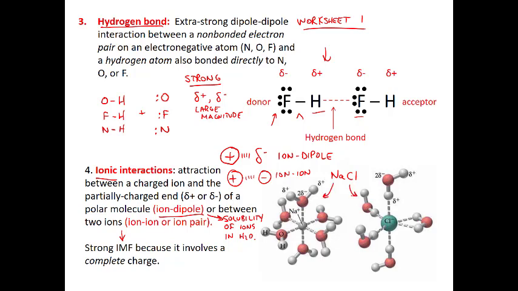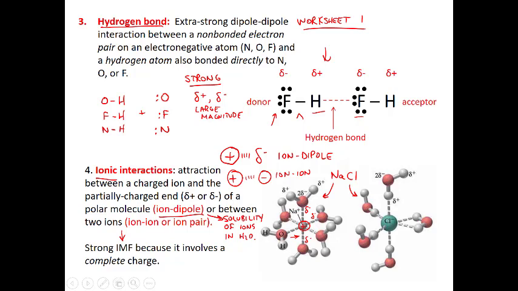Whenever you dissolve an ionic compound in water, it splits up into ions. We end up with a positive sodium ion, and what's going to happen is that the water molecules all around it are going to organize themselves so that the negative ends of the dipoles are pointing in towards the positive sodium ion. So each one of those dotted lines is an ion dipole interaction.